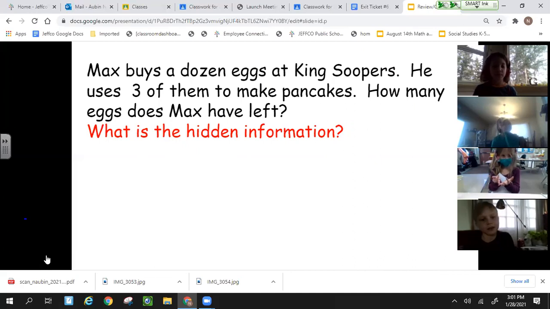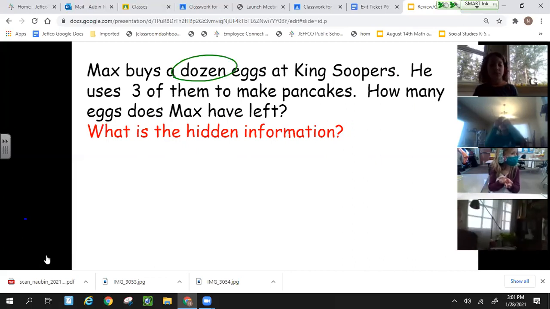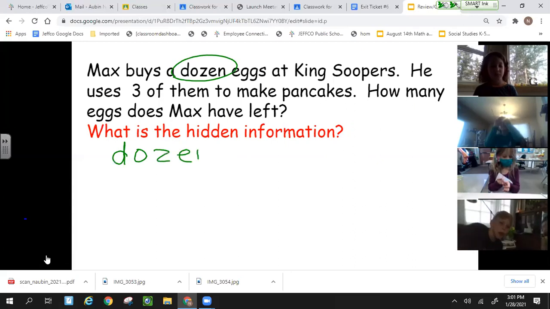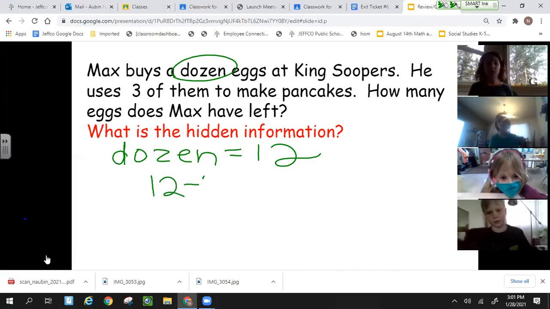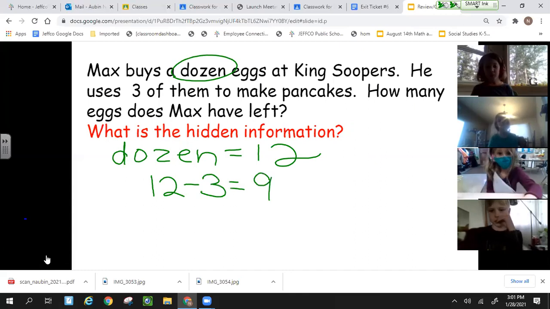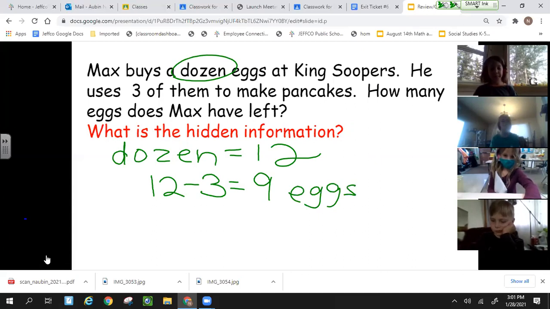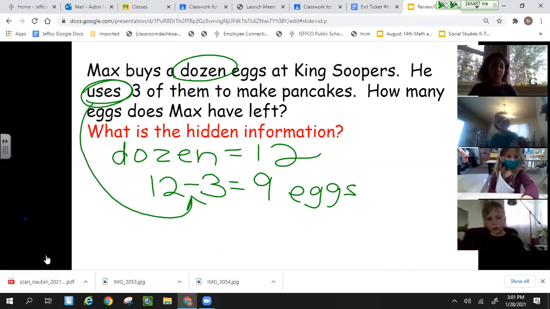The hidden information is a dozen, and it is 12. If you are at home and you didn't hear Josh, he said the hidden information, a dozen, actually represents 12 eggs. He uses is your keyword, to subtract 3 from 12, the dozen, and you should have gotten 9.